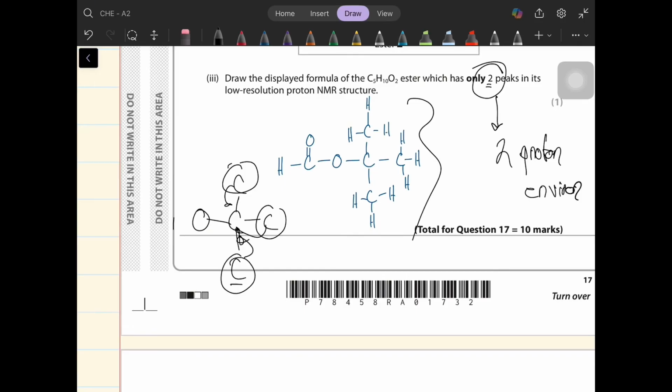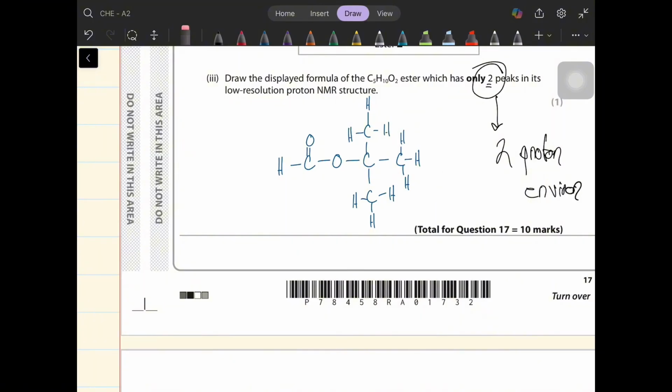So all of this would give a single peak. Hence, whenever there is a question about two or three environments, what we try to do is make up a cyclical structure, right? So let's just move on.